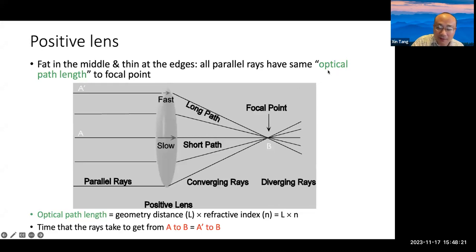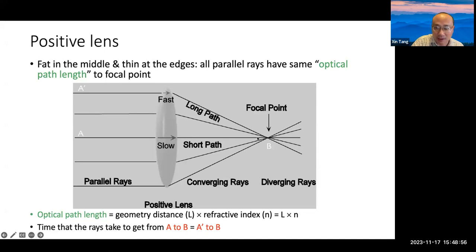And then he figured out that it is because even though the distance for the light to travel in the air and in the lens are different, if you multiply the lens distance by the material's refractive index, then they are equal. So the light at the top that goes through the periphery of the lens travels longer in the air than the light around the optical axis, right?